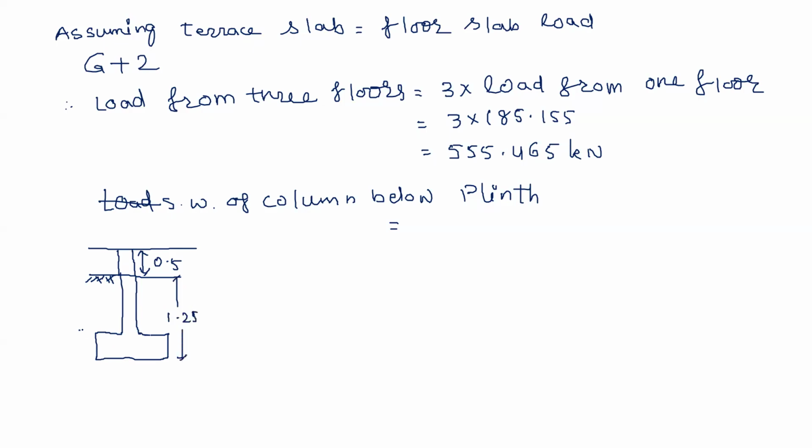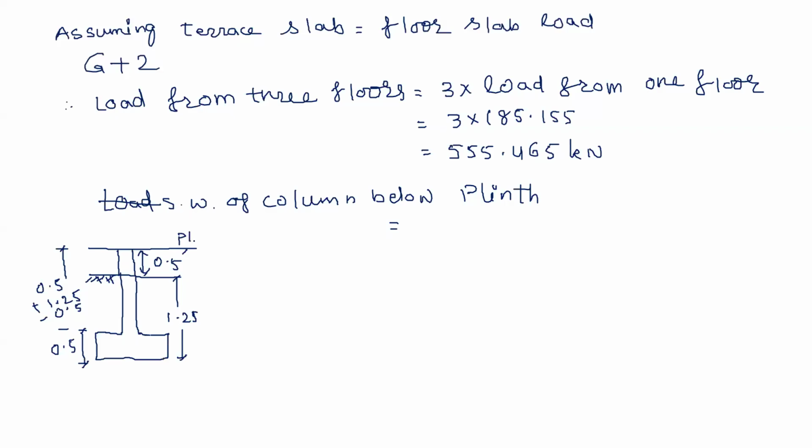So if we assume depth of footing as 0.5, then my total length of the column below plinth is 0.5 plus 1.25 minus 0.5. So just see, 0.5 gets cancelled, and we will get this value that is equal to 1.25.